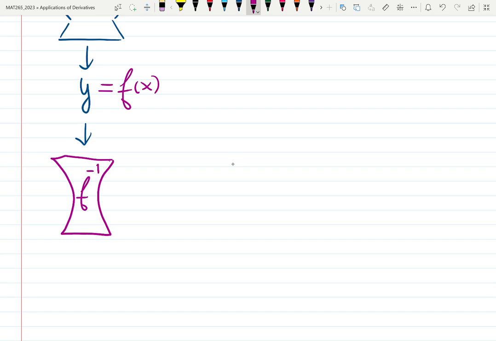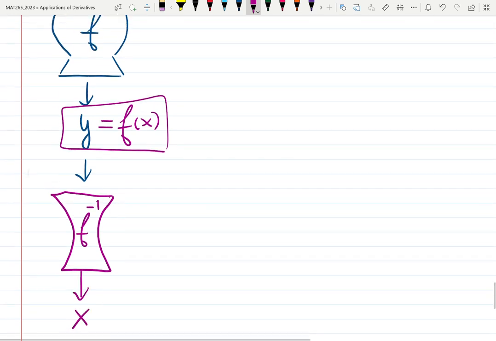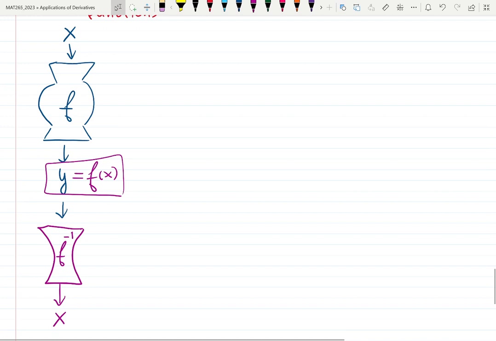It's working on this y, which is f of x, and spits out back x. That's what it's doing. It's undoing what previously was done. And the other way around, if I threw y into machine of f minus 1, it spits out x. Then I threw x into f, it spits out y. So that's a cool process, composition of two functions.